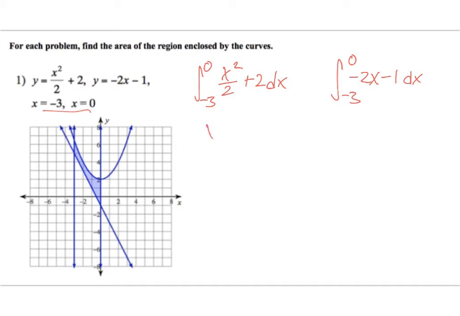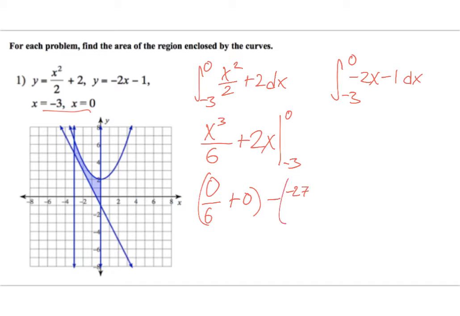So that's going to be x cubed over 2 and then over 3, so it's over 6, and then plus 2x, evaluated at 0 and negative 3. So that's going to be 0 over 6 plus 0, minus negative 27 over 6 plus negative 6.